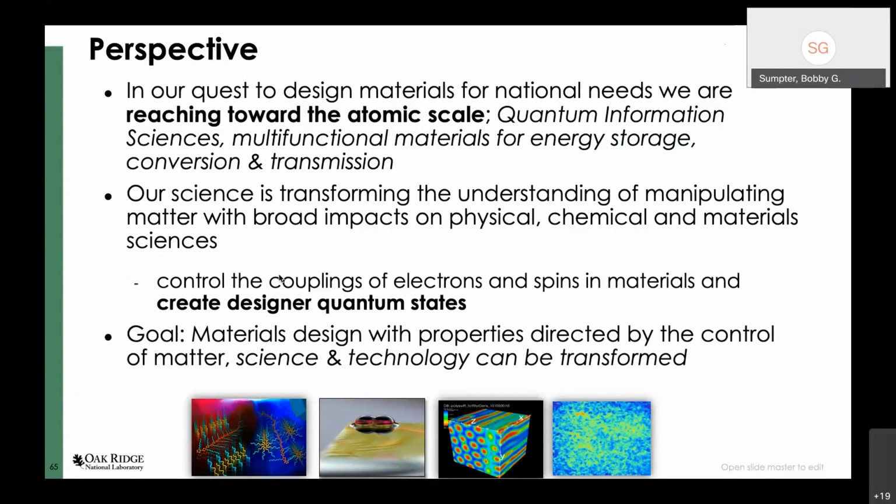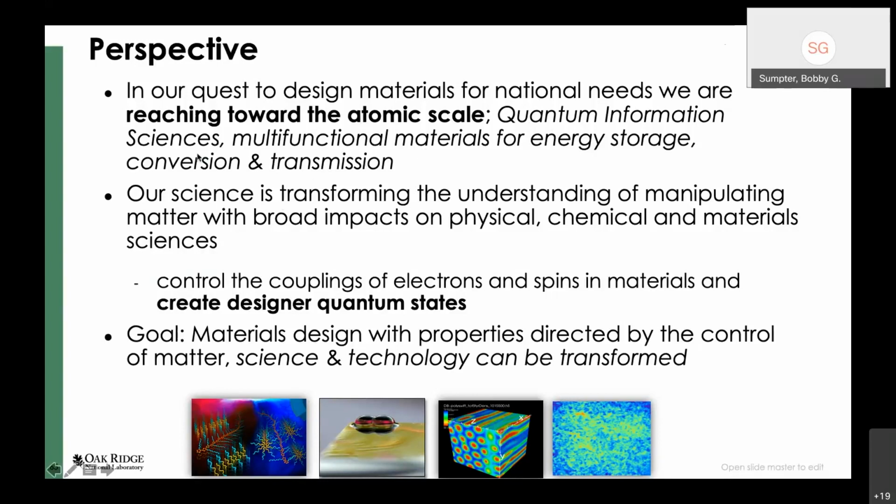And Feynman also said something about what if you could control atoms individually, you could do anything, and that may be true, and we're getting to the level where we can do that. Things that come out of controlling atoms and dopants at the single atom level are things in the quantum information sciences, new efficiencies in multifunctional materials and energy storage, conversion, and transmission.